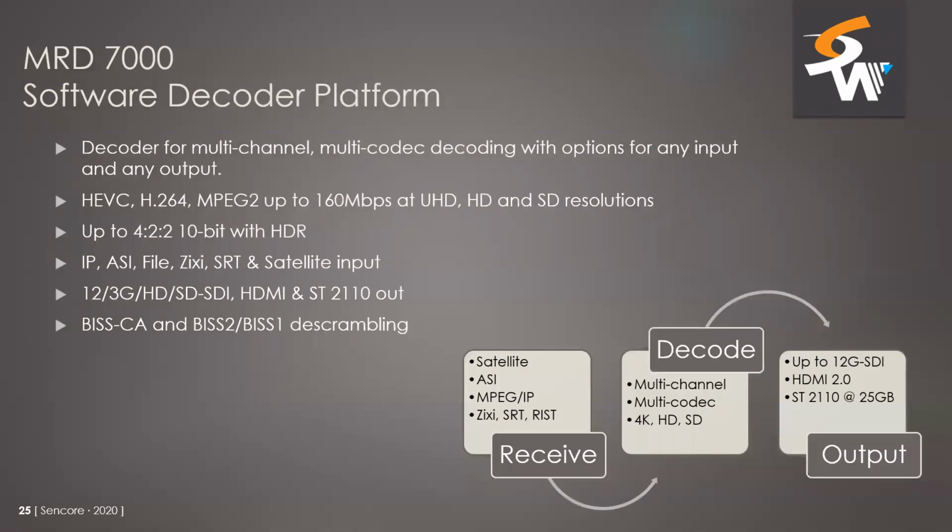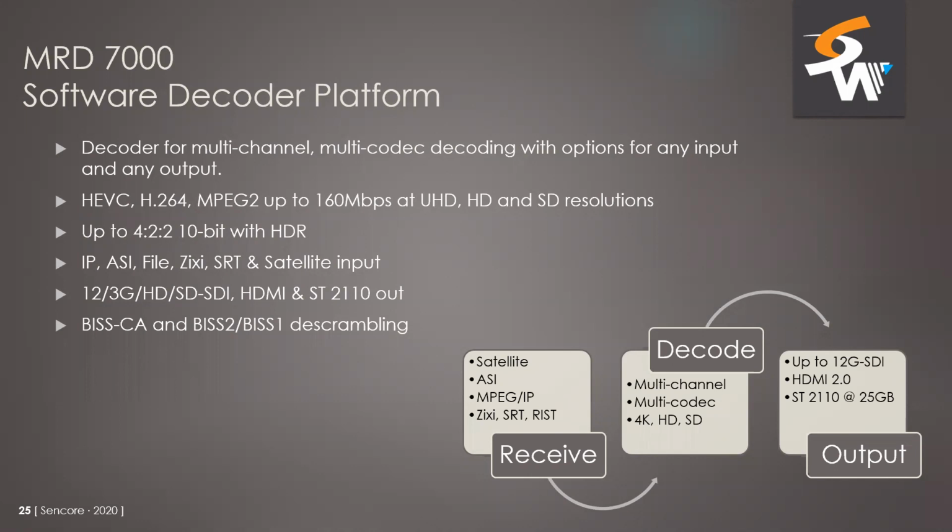The MRD 7000, so I wanted to talk about this one a little bit since we had that question earlier, but this is our software-based decoder platform. Really, we designed this decoder platform kind of out of necessity to handle high bit rate 4K HEVC contribution type feeds. So 422 10-bit, 160 meg video rates, those types of things.